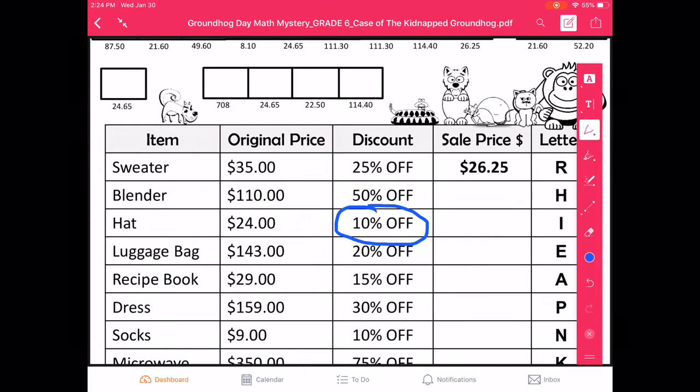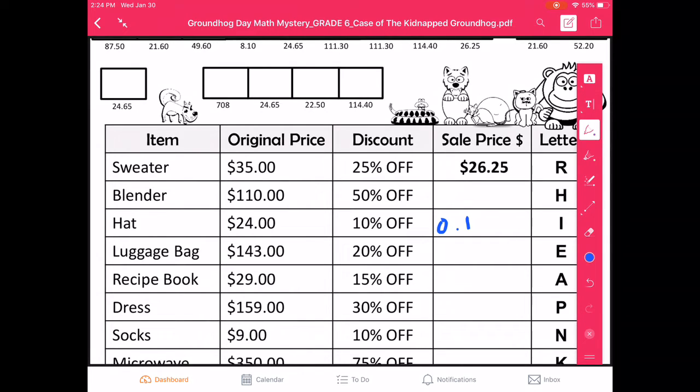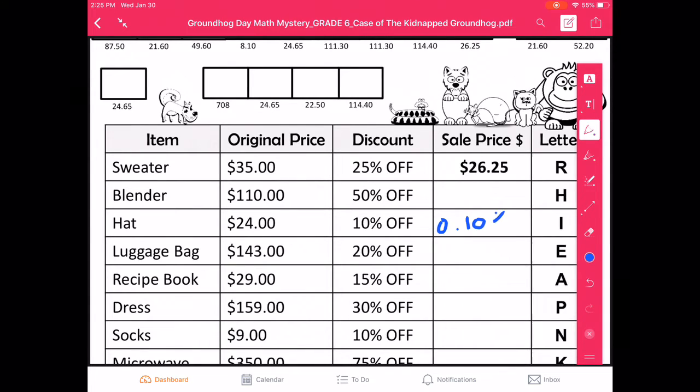So the first thing I need to understand here is that I need to find what is 10% of 24, okay? So in order to do that, I'm going to turn 10% into a decimal. So 10% into a decimal is 0.1, because remember, a percent is out of 100, or 0.10, does not matter. And then I'm going to multiply that by my original price, which is 24.